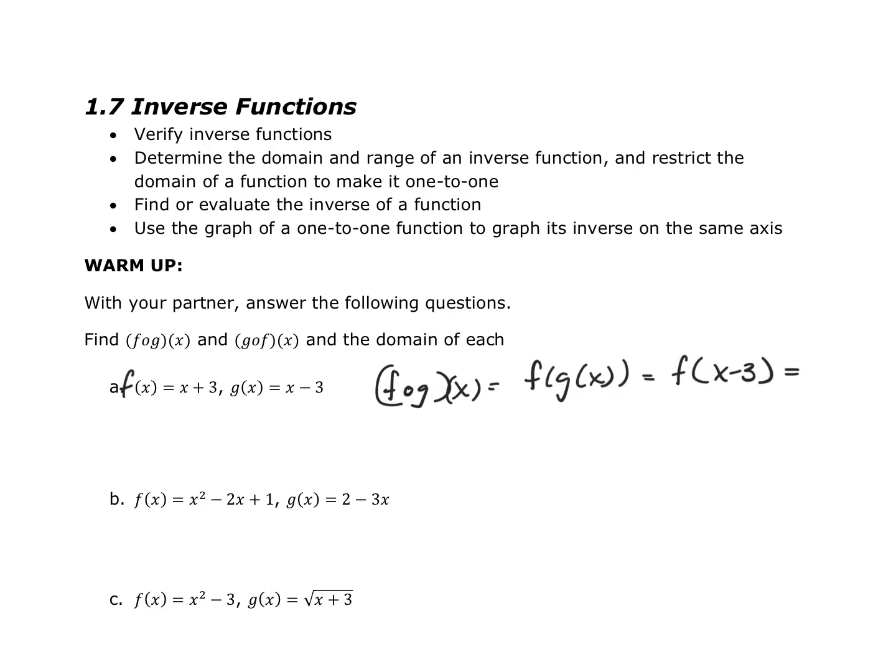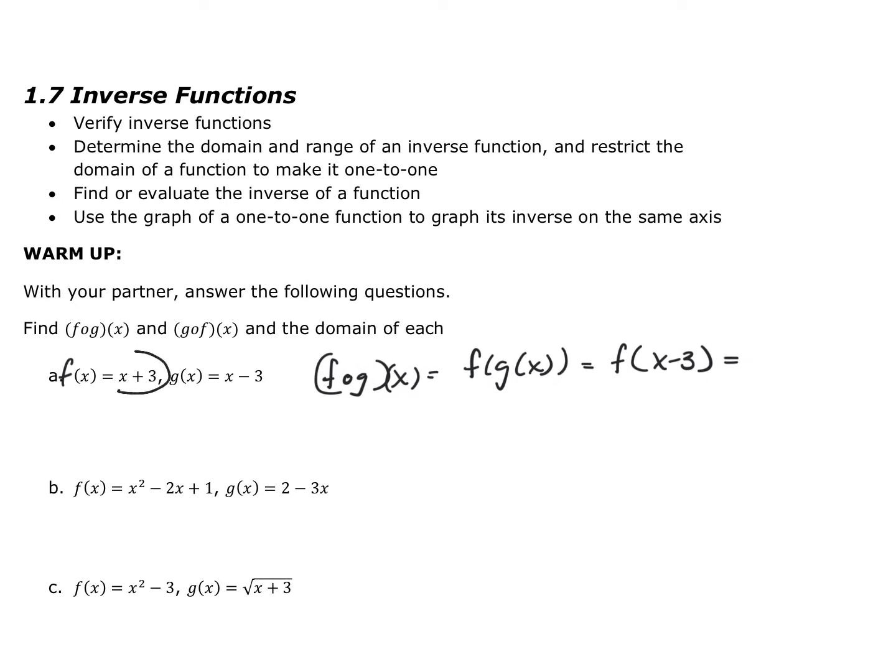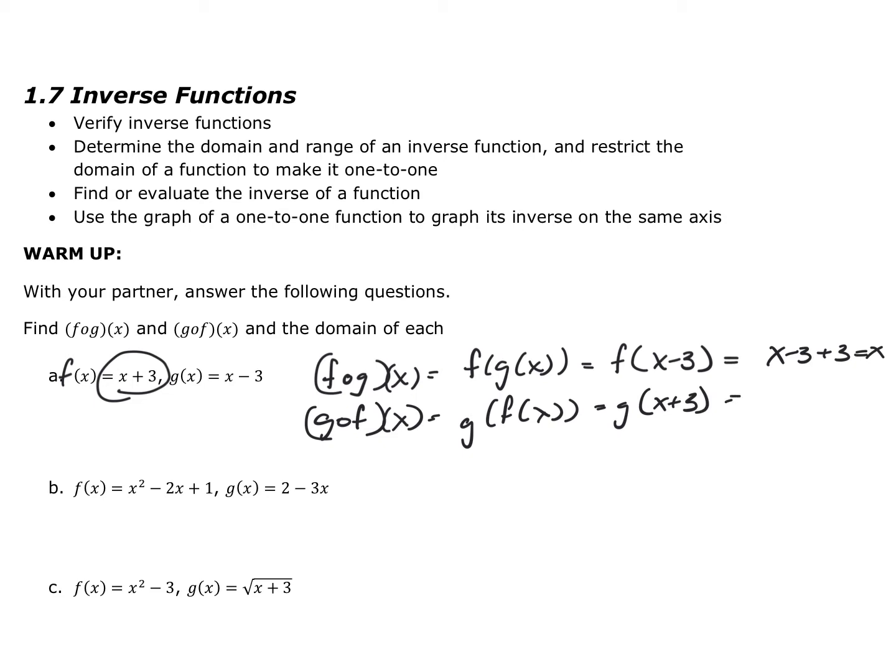So I put in X minus 3 into this function wherever I see X, and so I get X minus 3 plus 3, which gives me X. G composed with F of X is G of F of X, which is G of X plus 3, which is equal to X plus 3 minus 3, which also equals X.